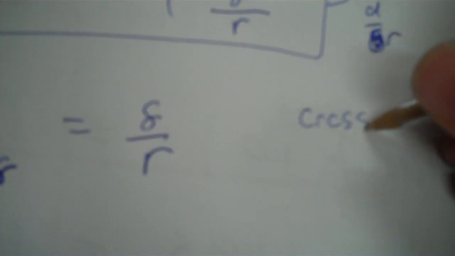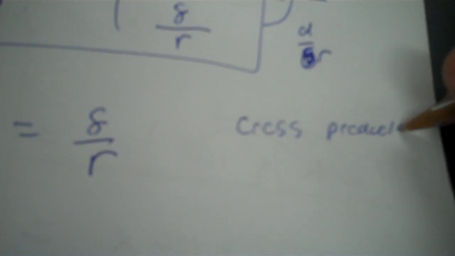D divided by r, so you just take your distance divided by your rate. Now set those equal to one another, and we solve a proportion. You don't actually ever get a divide because you don't know what r is. But the time is expressed as distance over rate, and the times are equal, so the distance over the rates have to be equal. You're using cross products to solve, not the common denominator.